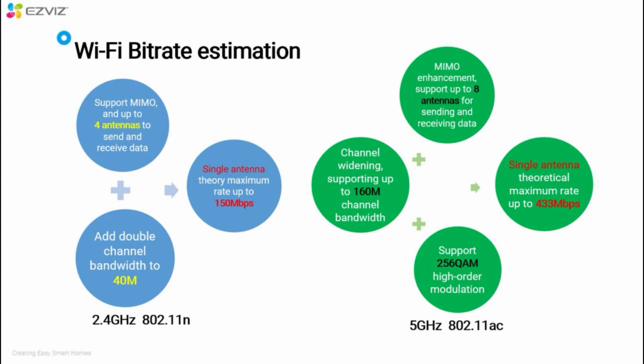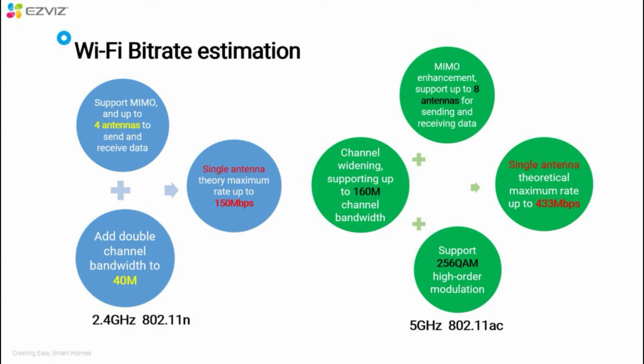second. And in the 5 GHz, there are more factors which can influence the Wi-Fi speed, including the MIMO technology, and it supports up to 8 antennas, and the channel widening supporting up to 160 megabytes.